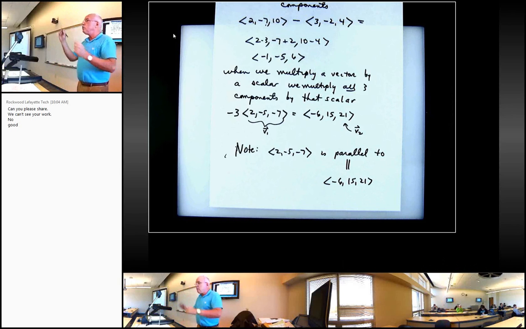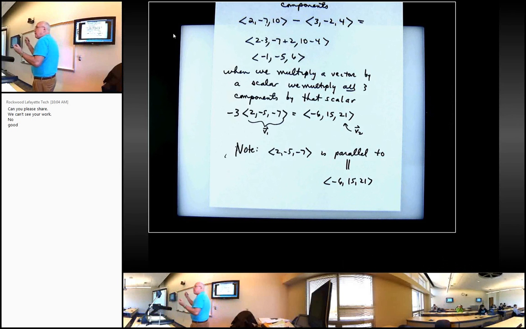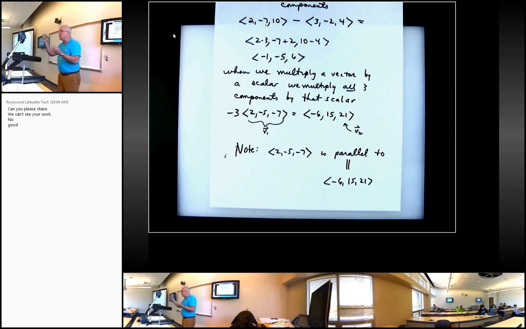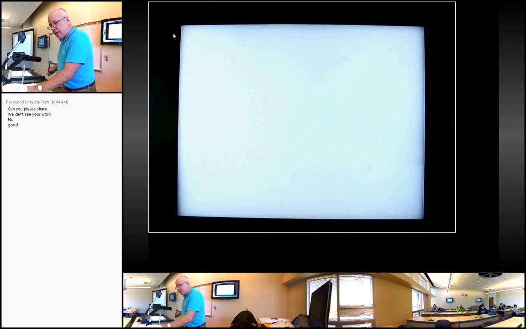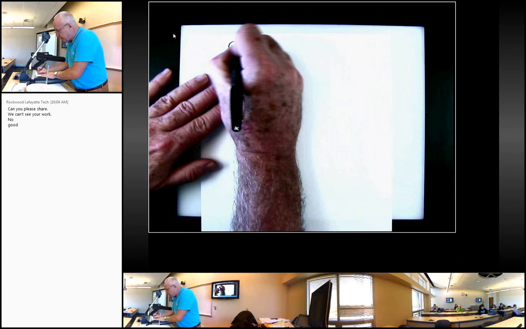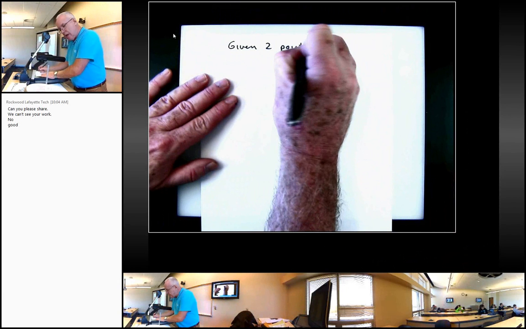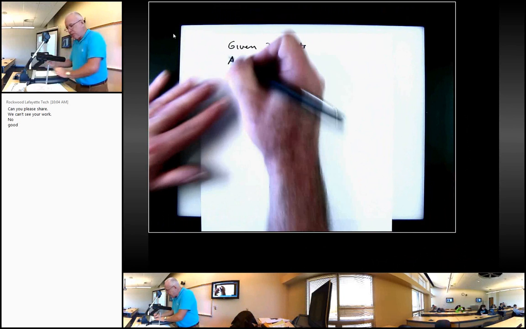If we're given 2 points in space, those 2 points can, in a way, generate a vector. It can generate a displacement from point A to point B. So let's get this down here. Say we're given 2 points, and frequently this is how you're going to see it.